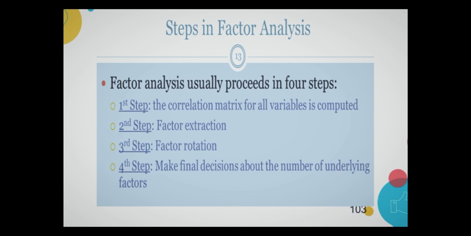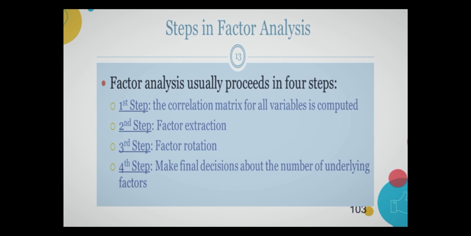Okay, the third step is the factor rotation. We are doing the factor rotation to see clearly which variable belongs to which factor. Okay. The fourth, make the final decision about the number of underlying factors.